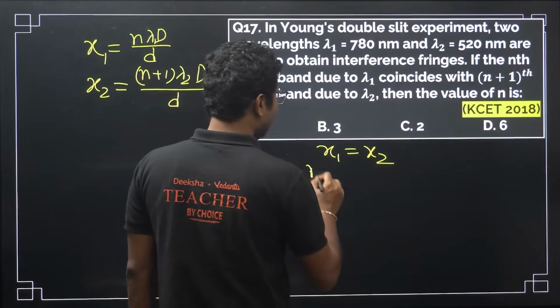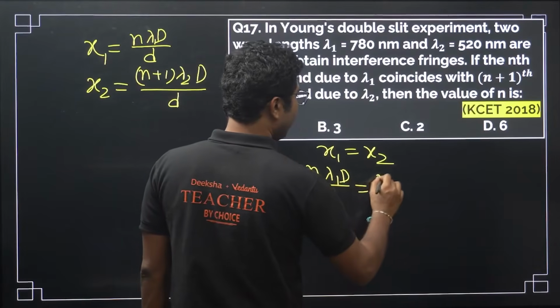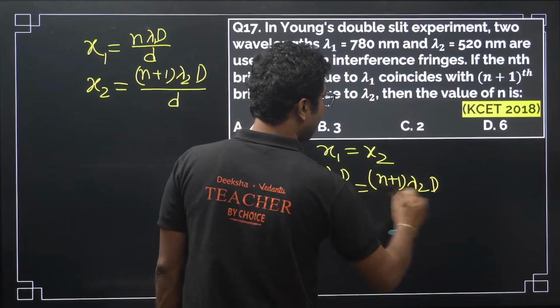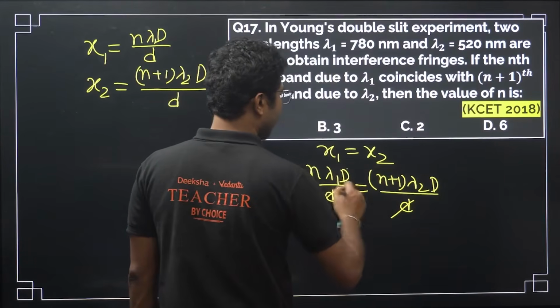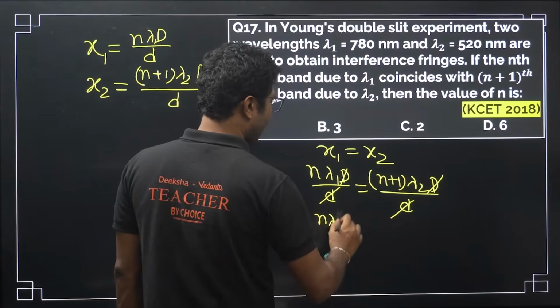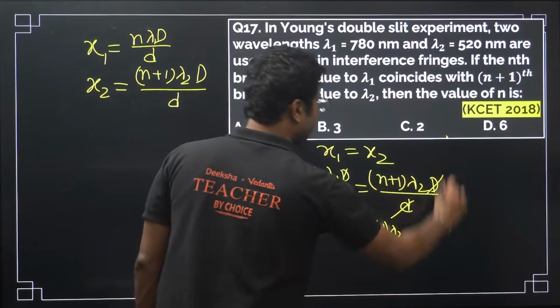So n lambda 1 D by d equals n plus 1 lambda 2 D by d. Obviously D by d cancels, and we get n lambda 1 equals n plus 1 lambda 2. Now let's put the values over here.